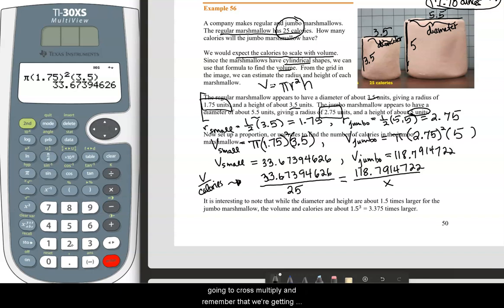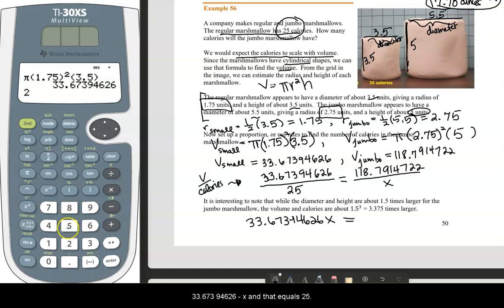And we're going to cross multiply and remember that we're getting calories as our answer. So I'm going to multiply 33.67394626 times x, and that equals 25 times 118.791472.